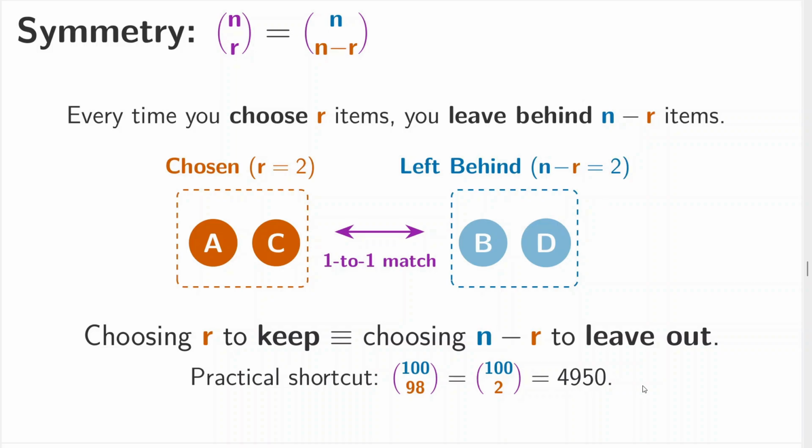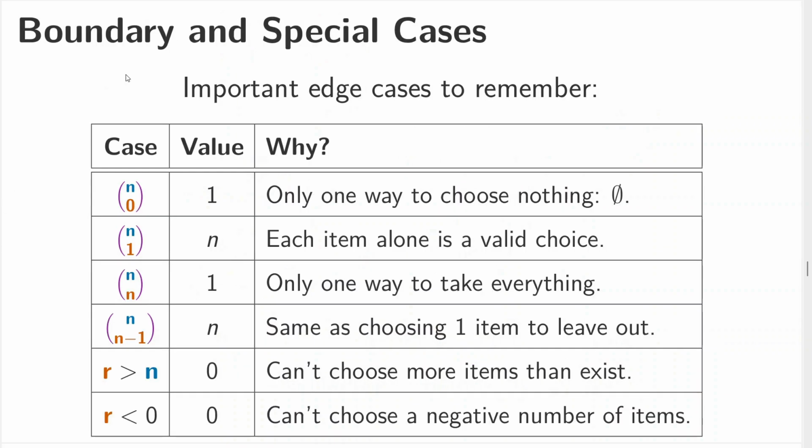Now let us review some important boundary and special cases. First, n choose 0 always equals 1, because there is only one way to choose nothing, which is the empty set. Second, n choose 1 equals n, because picking each item alone is a valid choice. Third, n choose n equals 1, as there is only one way to just take everything.